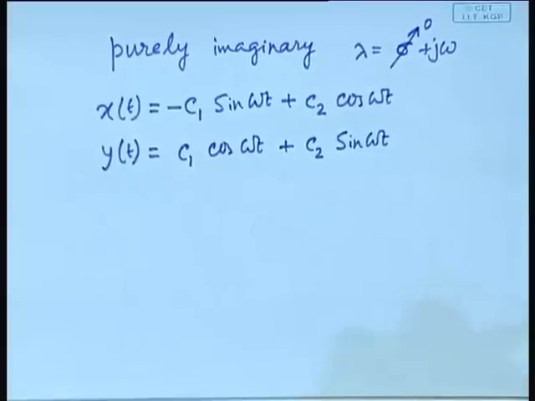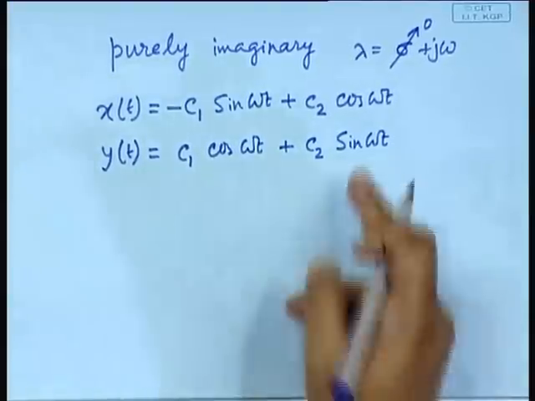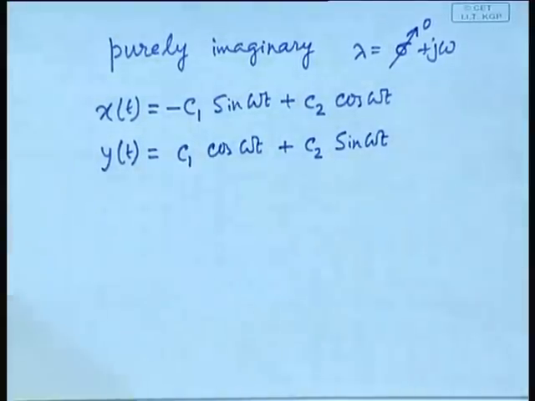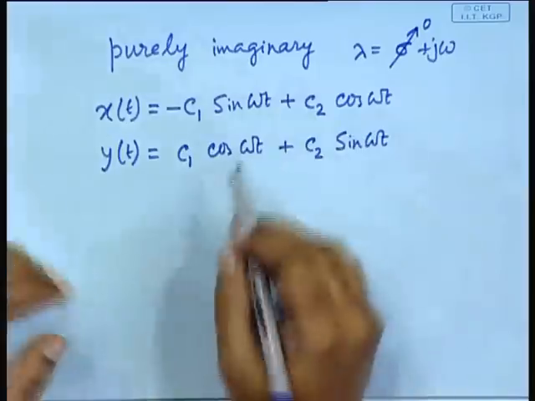Okay. What is this? What kind of response is this? Pure sinusoid. So, this behavior will be a pure sinusoidal behavior. But now, let us go a little ahead. What will this behavior be in the state space where you are drawing x versus y?